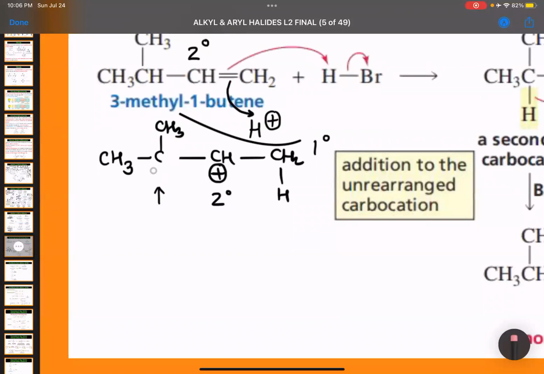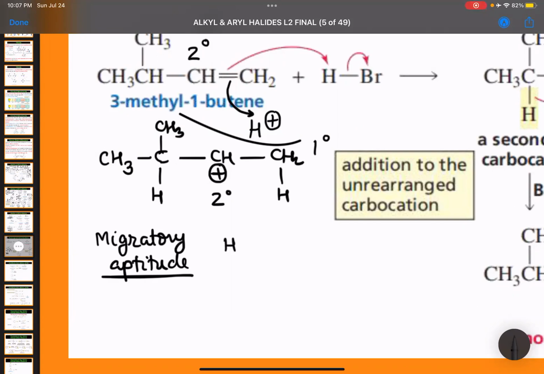First check what groups are present on this tertiary carbon, and then decide which group can shift more easily. That is decided by migratory aptitude. Migratory aptitude says the H along with the electron pair can get shifted most easily.